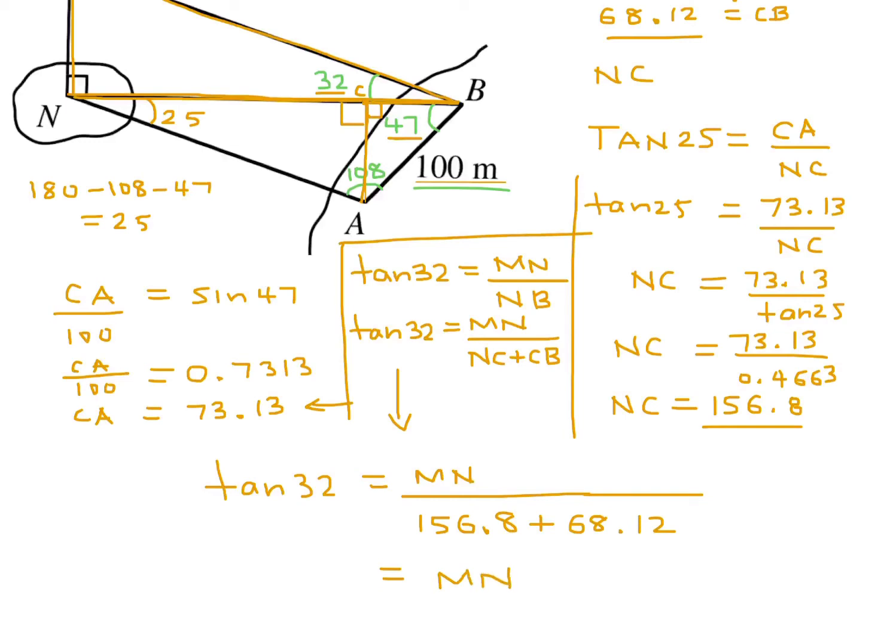MN will be tan of 32 times 156.8 plus 68.12, which is approximately 225.0. And therefore finally MN will be equal to that times the tan of 32. And we get an answer.